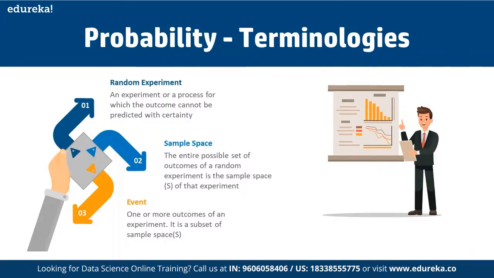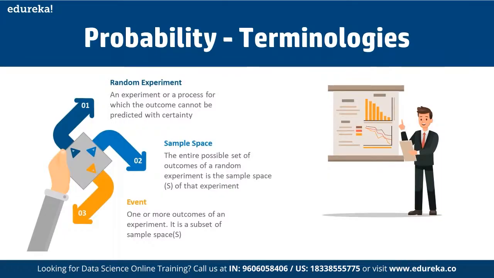Then we have the sample space. The entire possible set of outcomes for a random experiment is the sample space of the experiment. And then we have events. One or more outcomes of an experiment is called an event. It is a subset of a sample space.